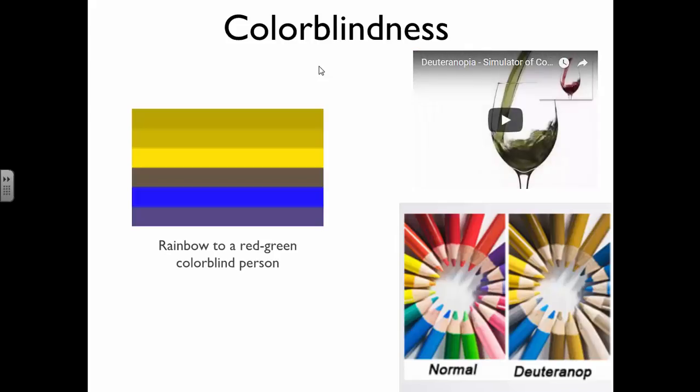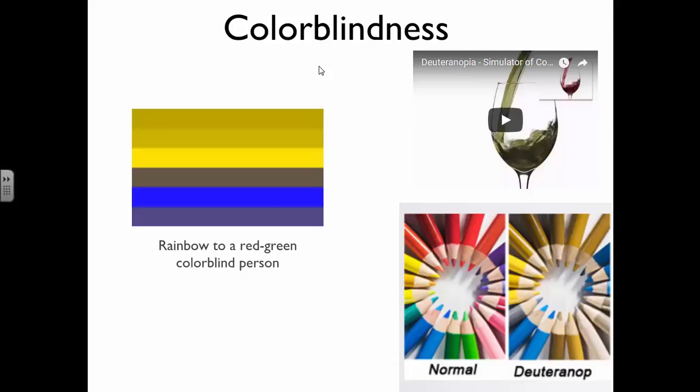And so here's something. Do you know who's affected more often by color blindness? Men. Color blindness is a sex-linked trait, which means the gene for it is on the X chromosome.